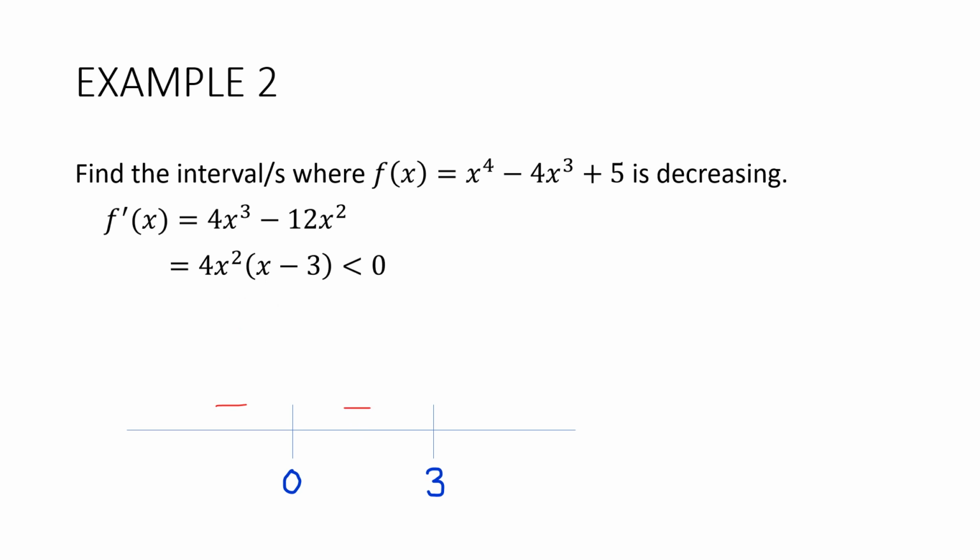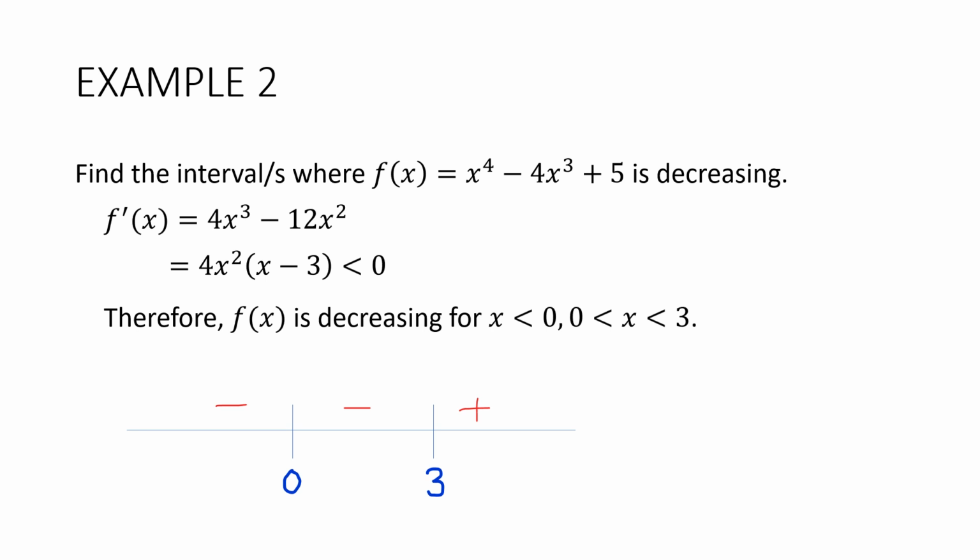And now let's test x is equal to 4. We have a positive times a positive, which is a positive. So it's going to be decreasing here and here, but not at x equals 0, because at that point it's equal to 0. So f of x is decreasing for x less than 0, and for 0 less than x less than 3.